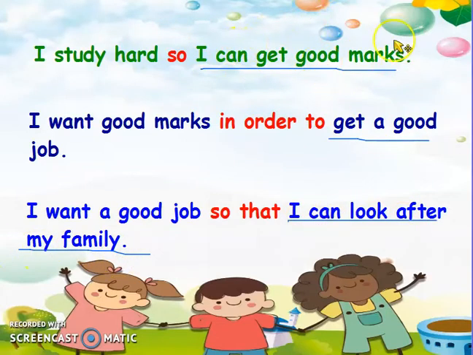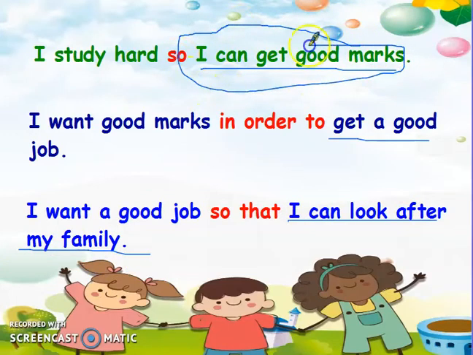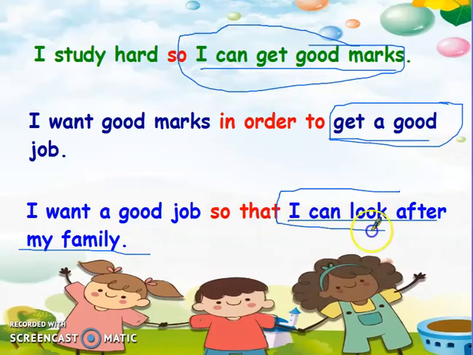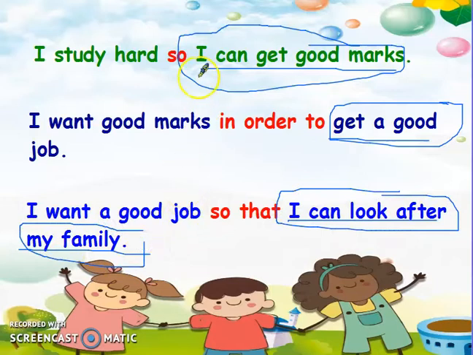The second part of each sentence is the reason. The other part of the sentence after so that, after in order to, and after so, this is the reason of the action.